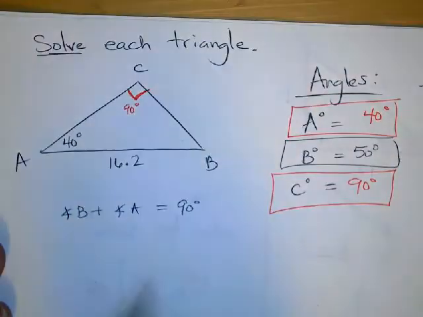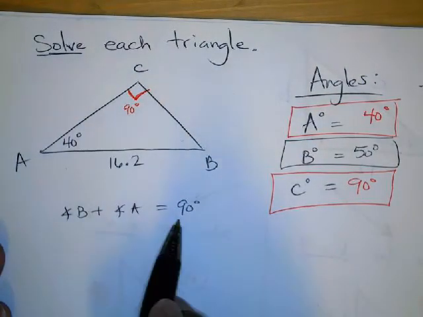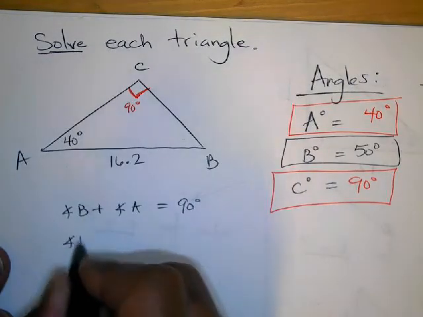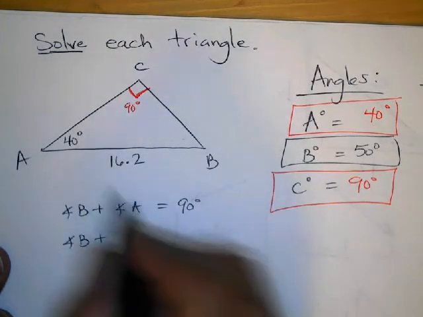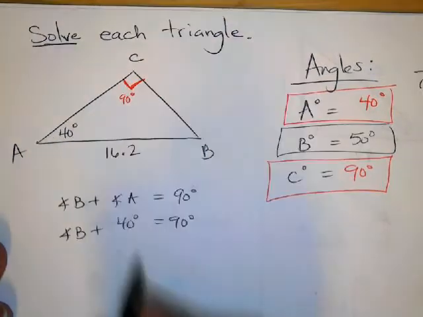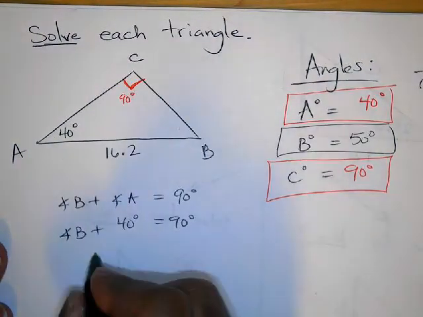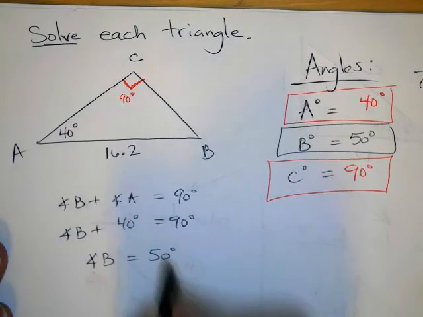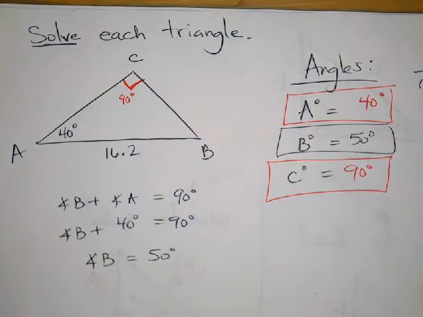I would like you to show the work. Always show some work. Angle B, I still don't know angle B, plus A, which is 40 degrees, equals 90. And sure enough, when you subtract 40 from both sides, you'll get angle B equals 50, right? Take away 40, take away 40.